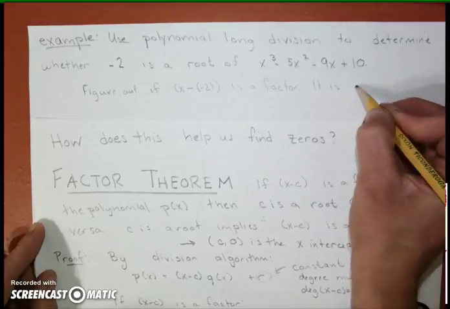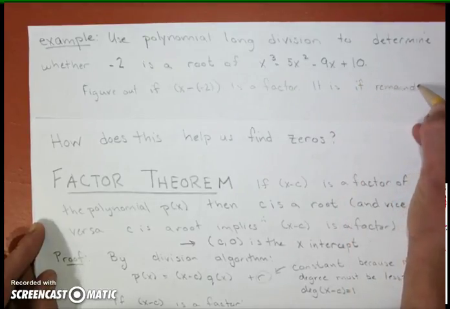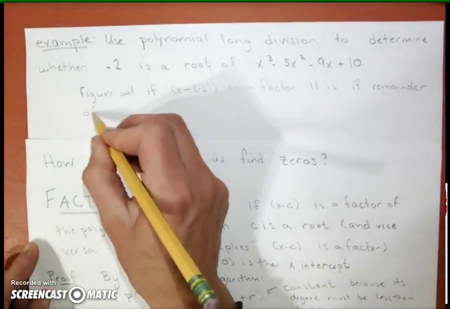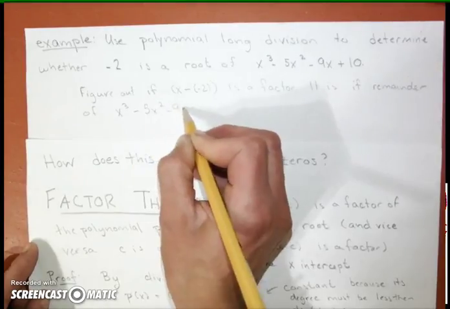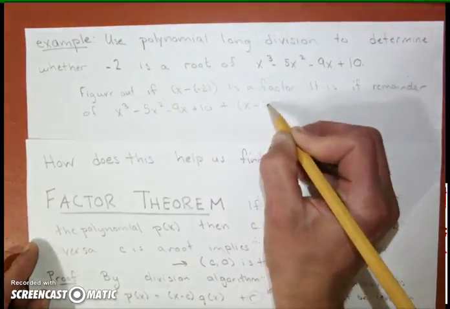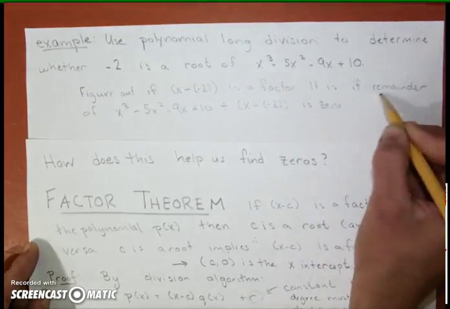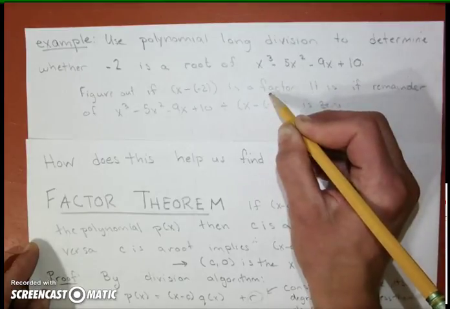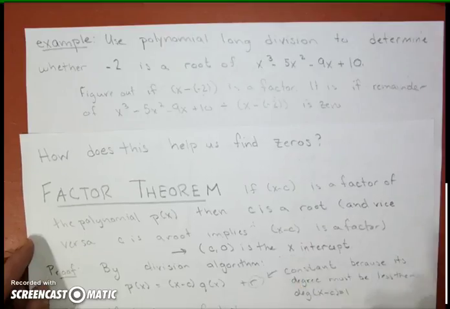It is if the remainder of x cubed minus 5x squared minus 9x plus 10 divided by x minus negative 2 is 0. So if there's no remainder, then it's a factor. If it's a factor, then negative 2 is a root by the theorem.